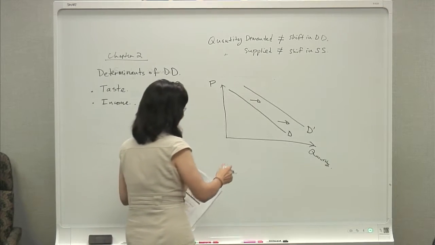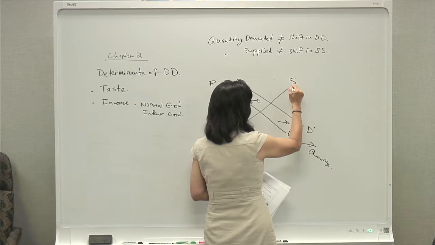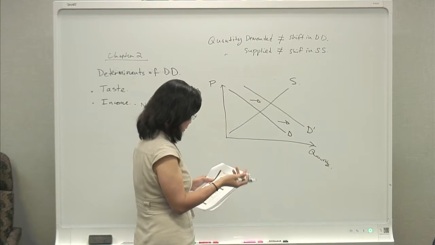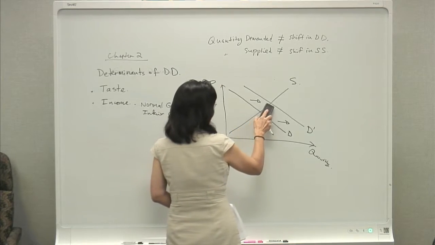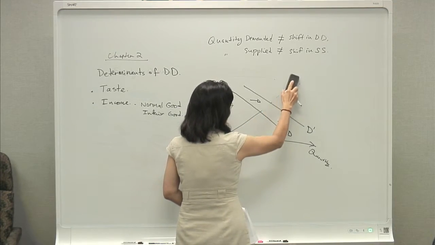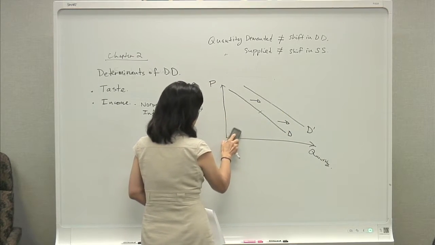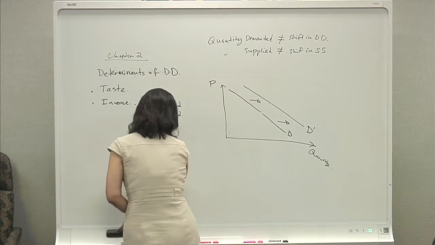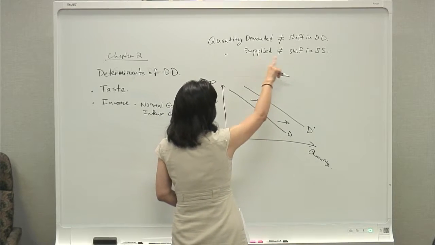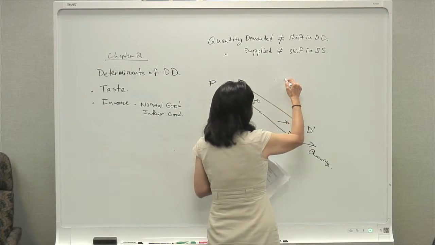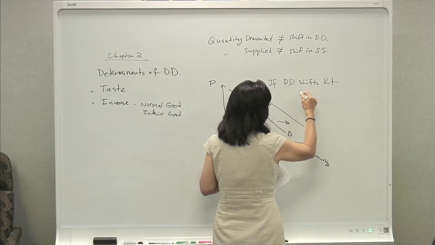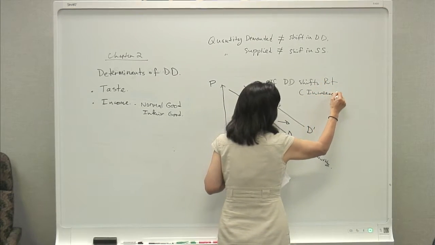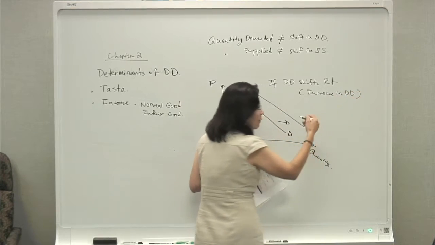Now, in your textbook, I think it also shows the supply curve. That's not so crucial, and I'm probably not going to include it, because you will understand a little bit if I just look at the shift in the demand curve. So this so-called shift in demand curve is, if the demand curve shifts right, we say this is an increase in demand, and vice versa.